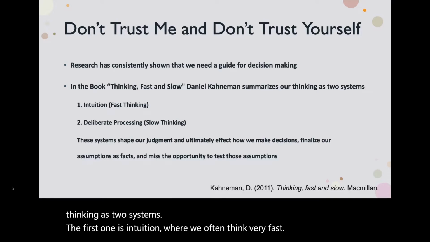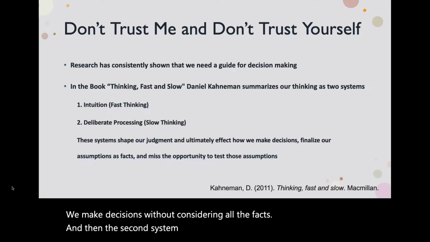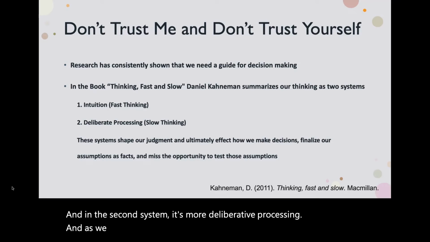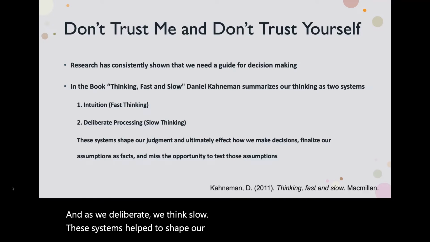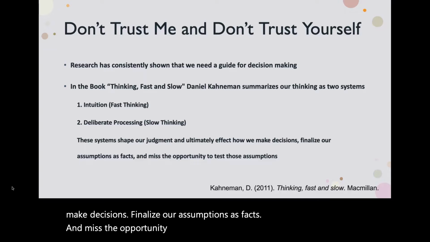We make decisions without considering all the facts. And in the second system, it's more deliberative processing. And as we deliberate, we think slow. These systems help to shape our judgment and ultimately affect how we make decisions, finalize our assumptions as facts, and miss the opportunity to test those assumptions.